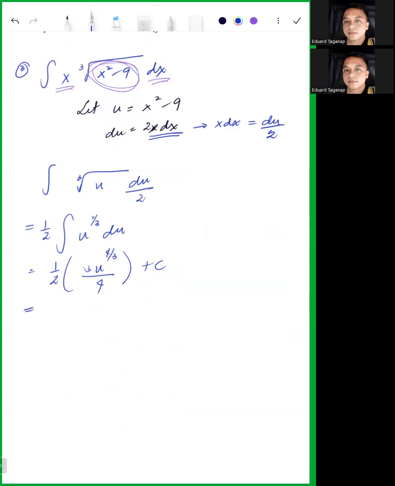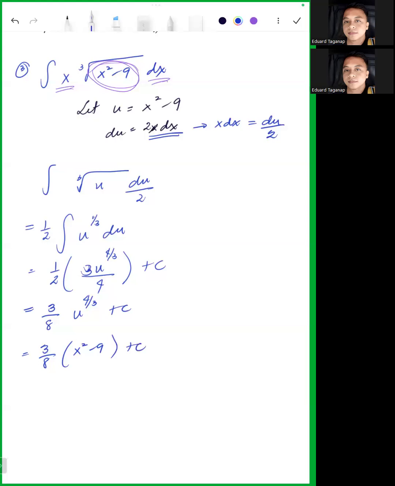When we simplify that, we'll have 3/8 u raised to 4/3 plus c, and u, in terms of x, is x squared minus 9, plus c.